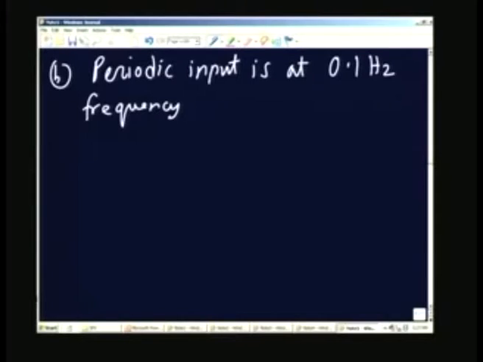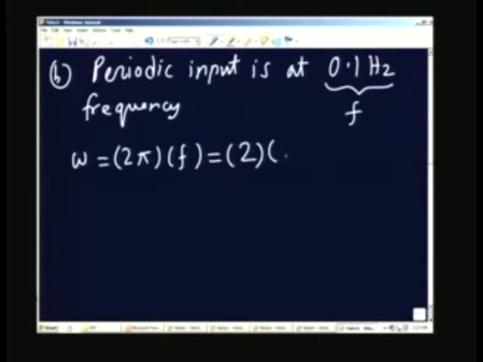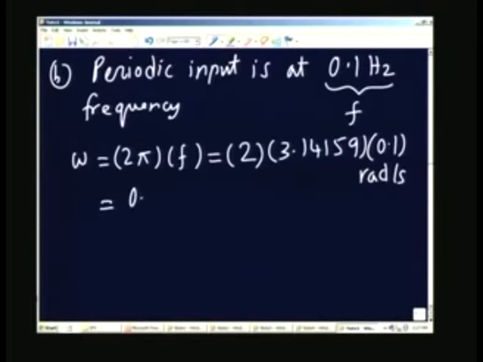So, it is very simple to do. If you remember, f is the frequency, omega will be given by 2 pi times f, that will be 2 into 3.14159 multiplied by 0.1. This will be radians per second, and this works out to 0.628 radian per second.